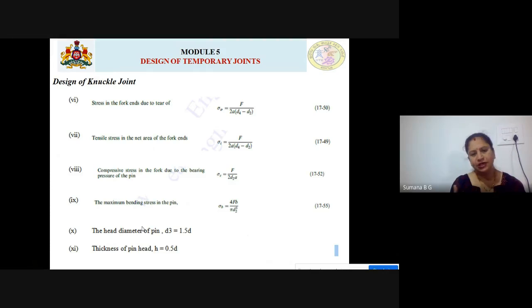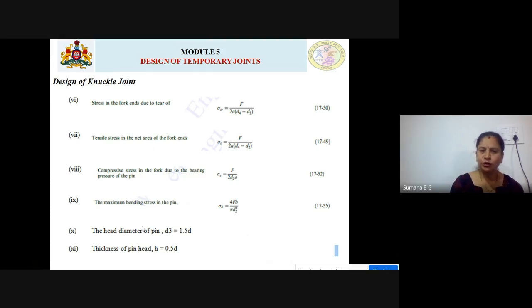Then we have the last two equations. The head diameter of pin, designated as d3, and the thickness of pin head, designated by small h. d3 is normally given by 1.5 times the diameter of rod, while the thickness of pin head h is given by 0.5 times the diameter of the rod.